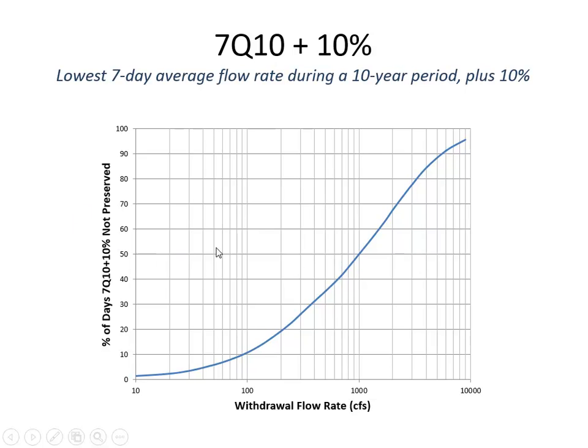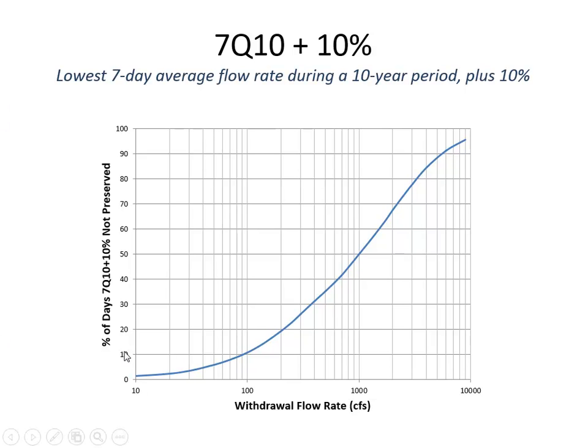At 50%, there's 1,000 CFS available for withdrawal, and you can still preserve the amount of water that's there for the 7Q10. And the 7Q10 amount, that's leaving that much in the stream, is basically for making sure that the fish eggs don't dry up and that there's some minimal flow to try and prevent the stream from drying out completely. That's why they leave that as the amount that they're not going to withdraw.